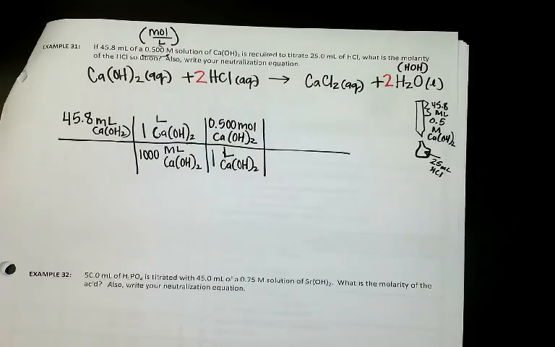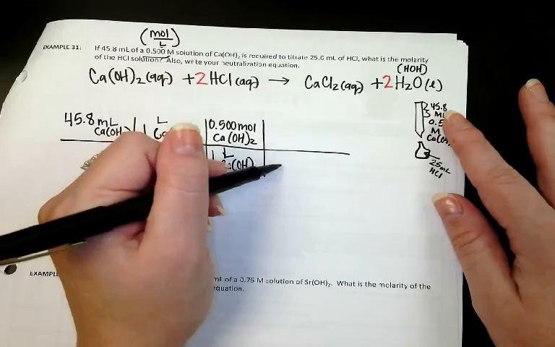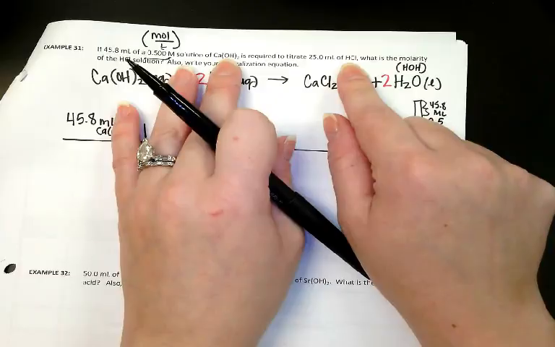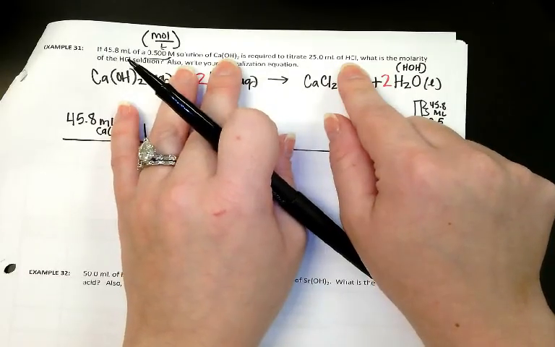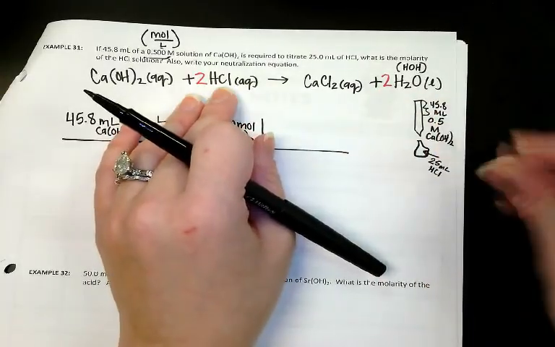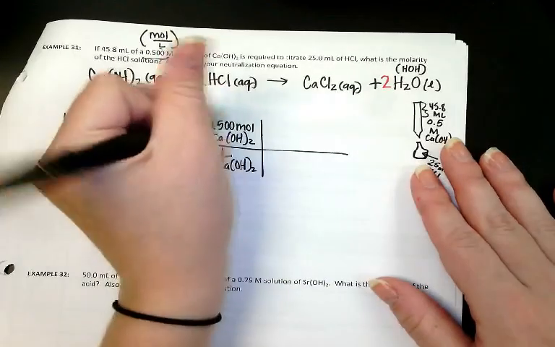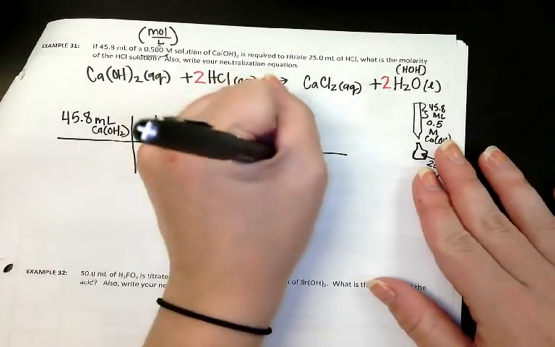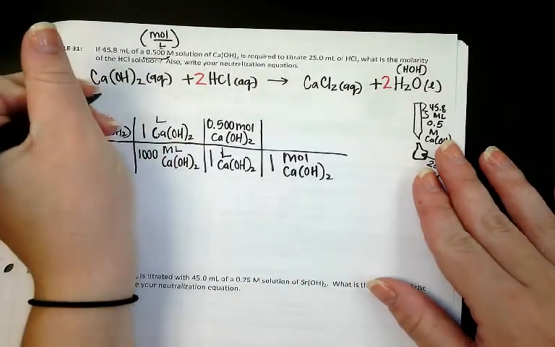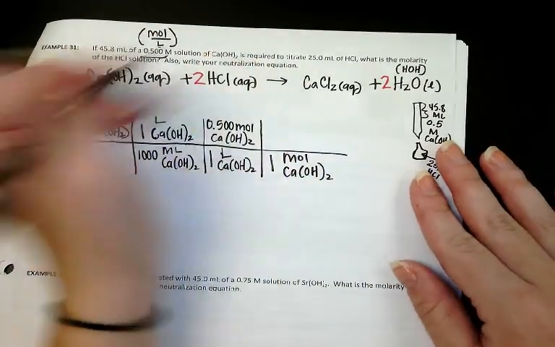Now my next step is to go from moles of calcium hydroxide to moles of hydrochloric acid. How can I do that? Mole ratio. Molar ratio. So we're going to go from 1 mole of calcium hydroxide, according to my balanced equation, what's going to go on top? 2 moles of hydrochloric acid.